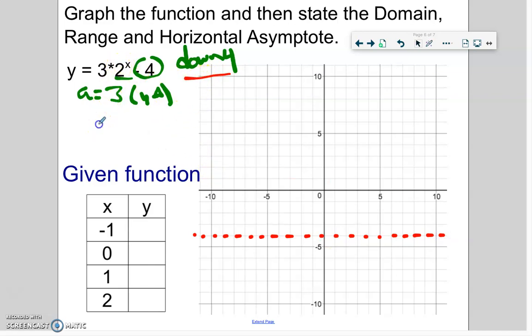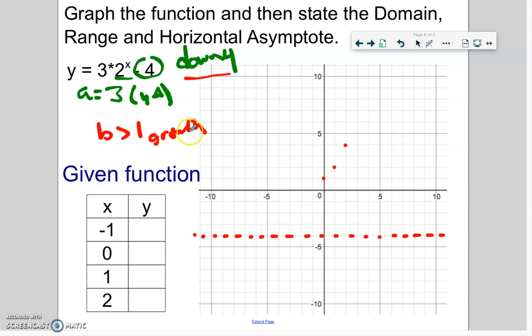And then I know because my B value is greater than 1, I have a growth. So in my head, I know this graph has got to be increasing from left to right at a base of 2. And since the starting points of the parent function are 0, 1, and 1, 2, and 2, 4, I just memorize those three every time.